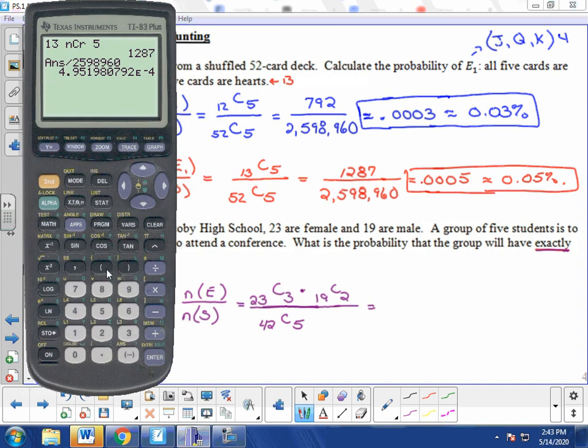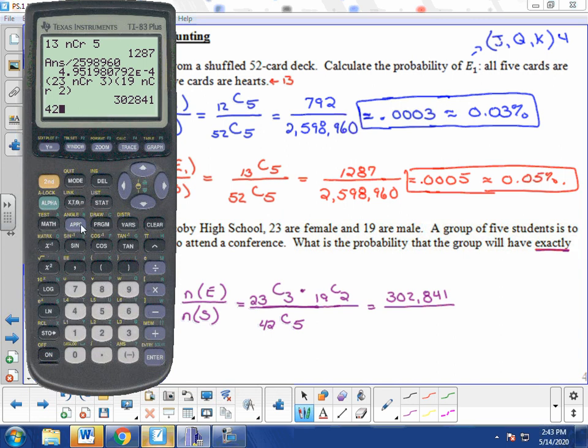So you can do this in the calculator: 23 choose 3 times 19 choose 2. I'm putting this in parentheses to make sure it's taking these expressions and then multiplying them together. And this would be 302,841. So if I choose 3 females, there are 302,841 ways I could do that.